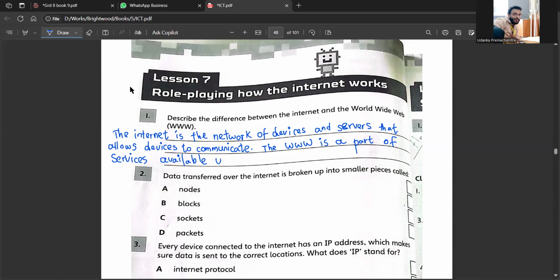So first, the internet is the network of devices and servers that allows devices to communicate. And the WWW is a part of the services available using the internet. That's the other thing.